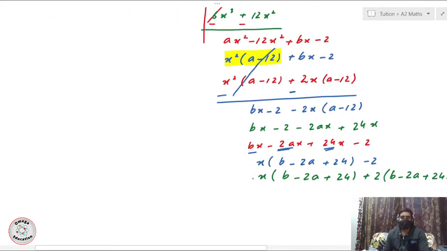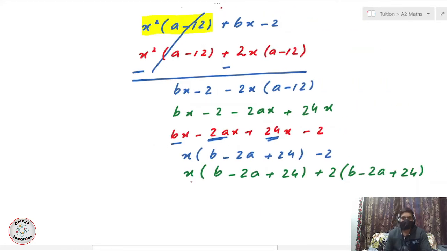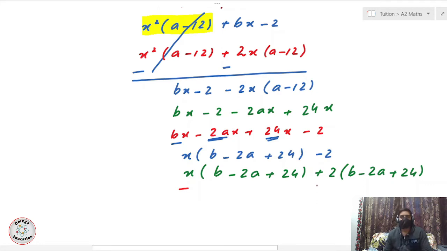Alright, and then in the next step, I have to subtract it, so you change the signs of it. Change the sign from here and change the sign over here as well. If you want to draw a line, you can draw a line as well.